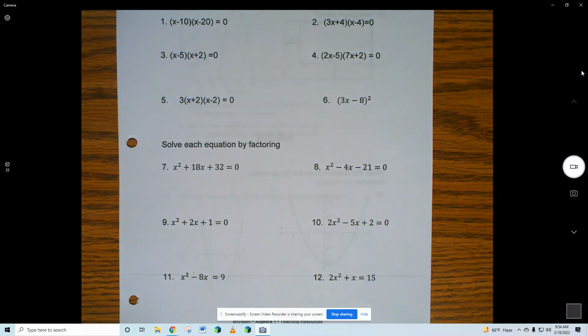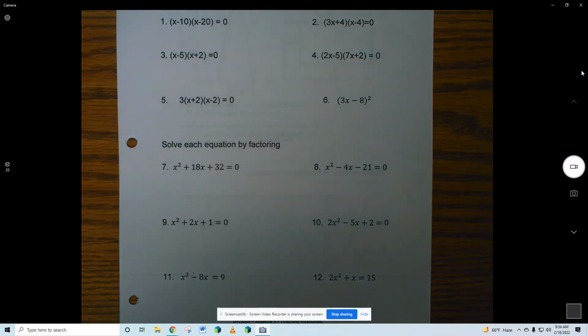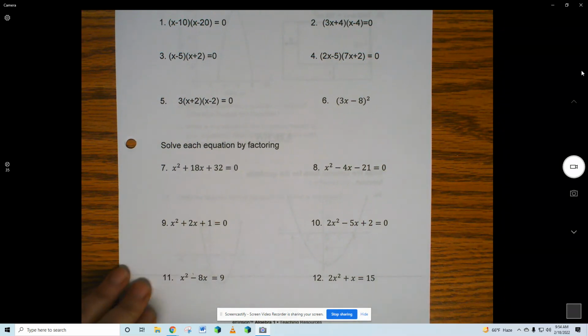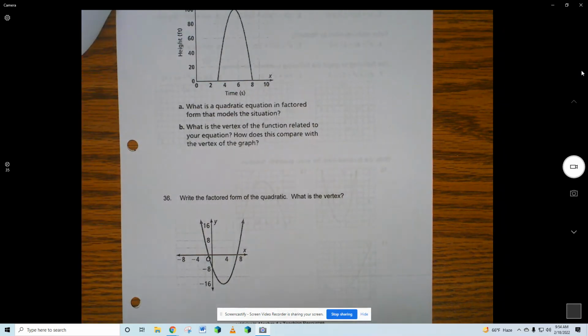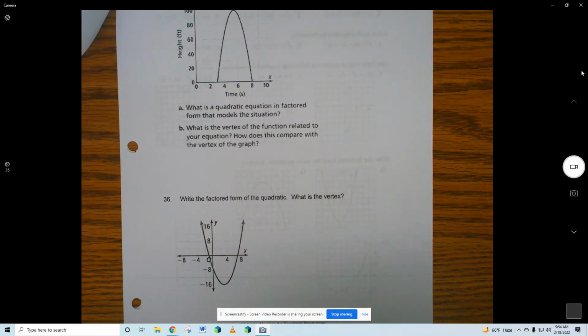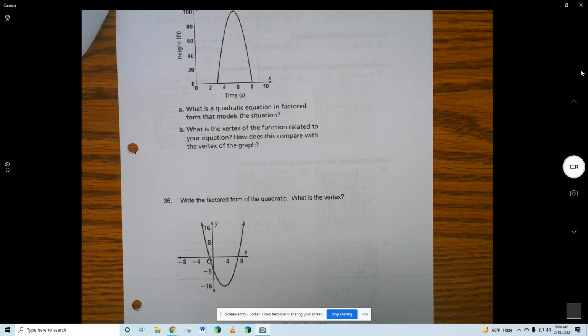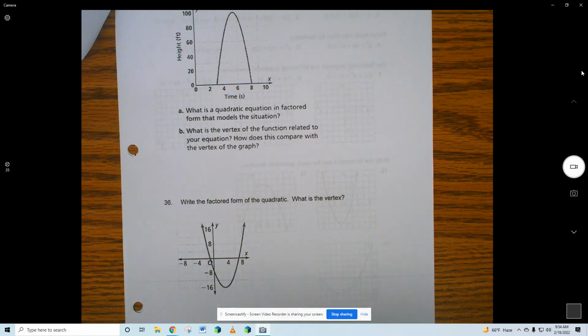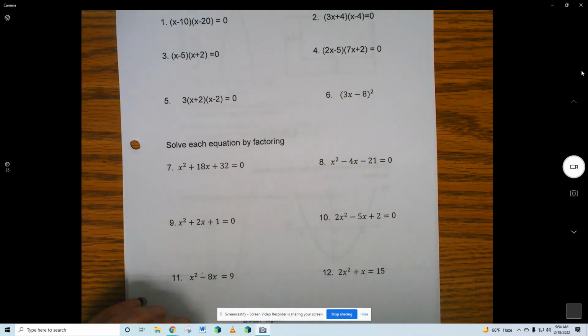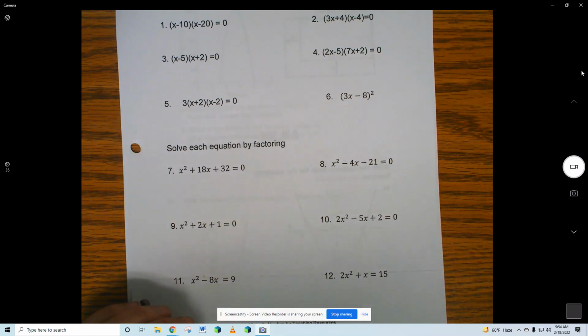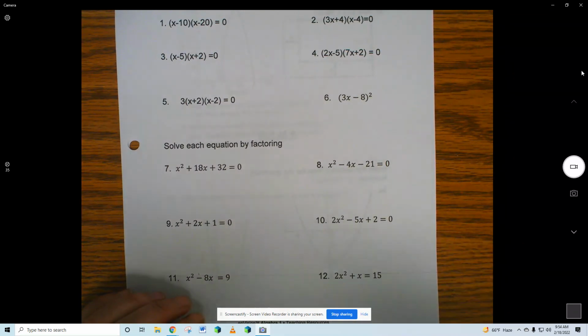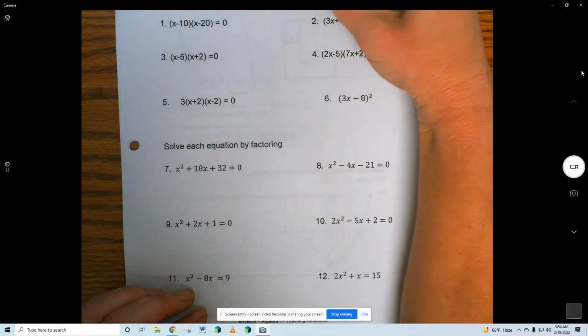Your job is all of it. And there's one problem on the back. You're doing 1 through 12, and then you're doing number 30.